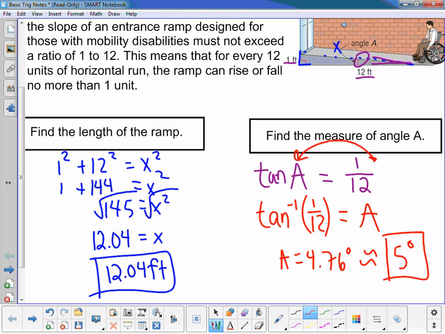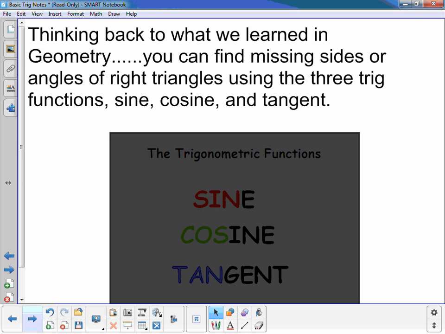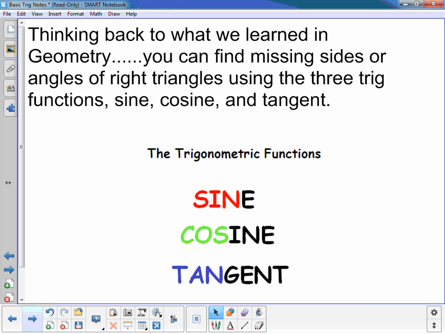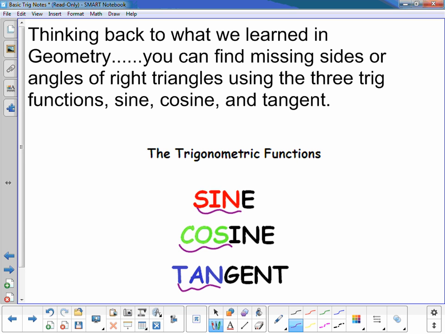Now, there are 3 basic trig functions that we are familiar with. They are sine, cosine, and tangent. This is how they are abbreviated, and you'll see that on your calculator and when we write them out using the notation. You guys talked about those trig functions in geometry.